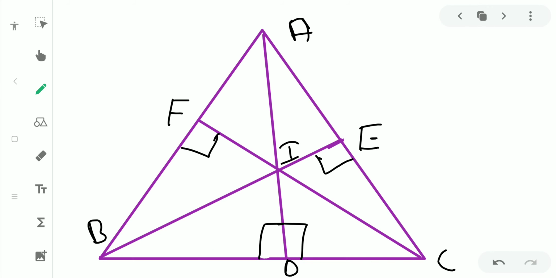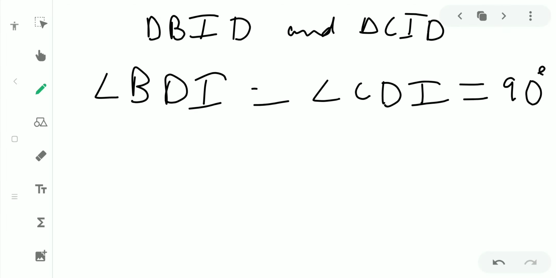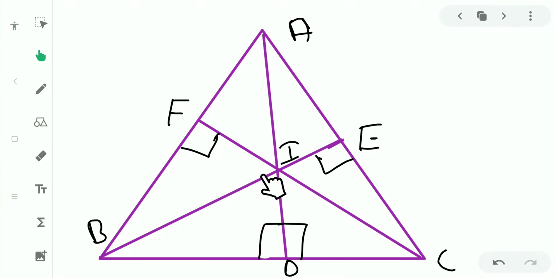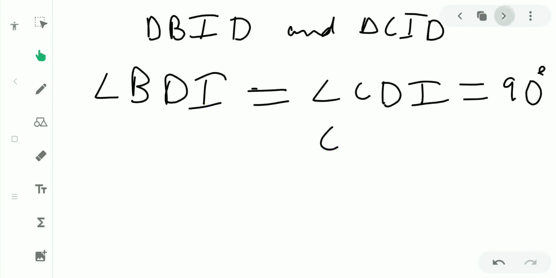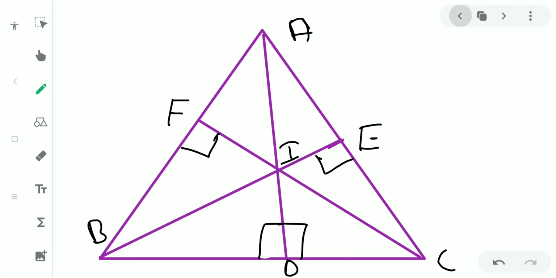So that is the first we have, and in brackets you can write AD is perpendicular bisector of line CB.